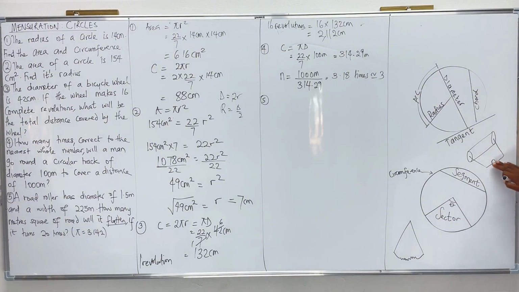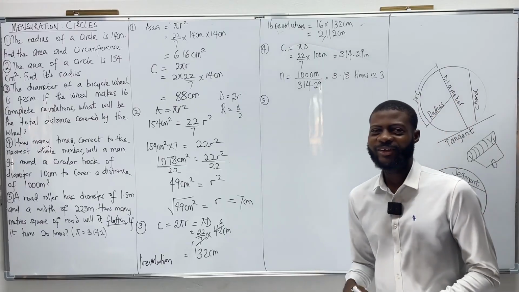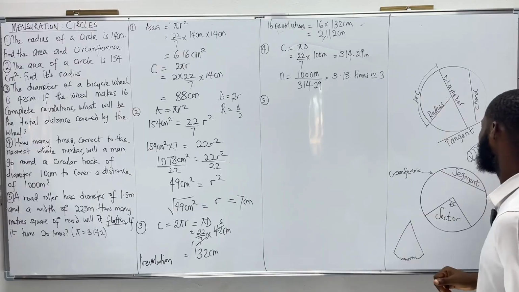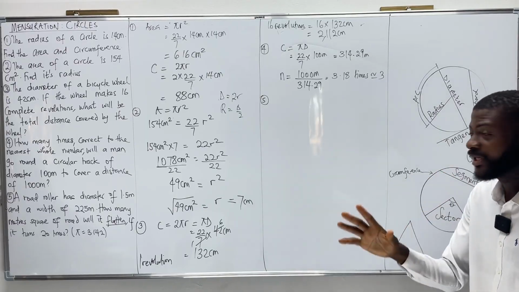Okay, so somebody is pushing this thing. This is the roller. I would have brought out a paint roller I have inside, it's a perfect explanation for this, but I don't have the time to bring it out.